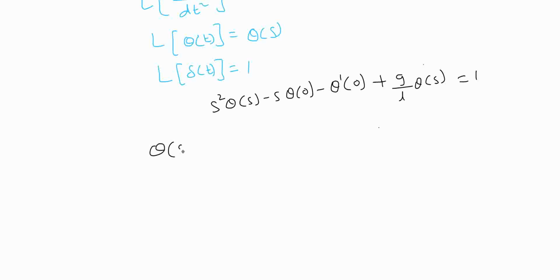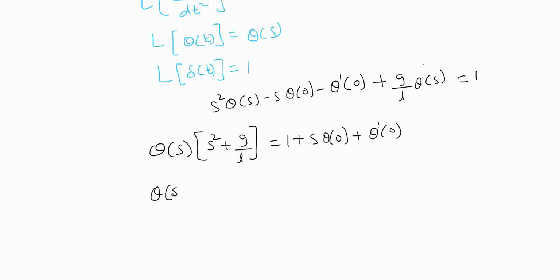So theta of s I am taking common, and s square plus g by l. I am taking other terms to other side. 1 plus s theta of 0 plus theta dash of 0.